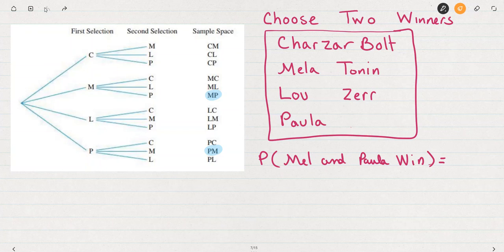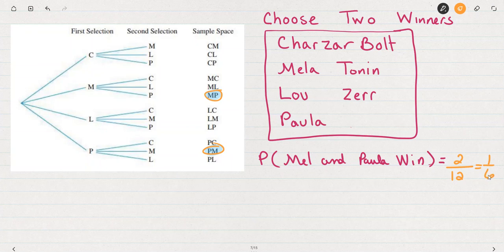So what's the probability that Mela and Paula both win? The probability that they both win could happen either with Mela being chosen first and then Paula, or Paula being chosen first and then Mela. So it looks like there's a total of 2 out of the 12, which is 1/6.